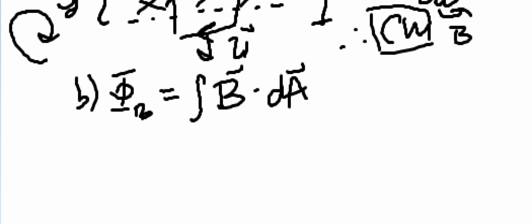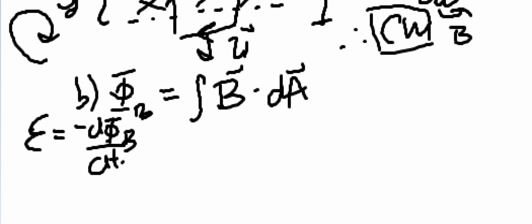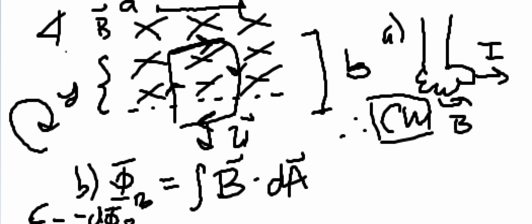What we're going to need is the EMF, which we learned to be negative d phi dt, and that negative comes from something called Lenz's law, which states that the magnetic field created by the change in magnetic flux, in other words, the induced magnetic field, will oppose the external magnetic field's direction. So that's all it's saying.